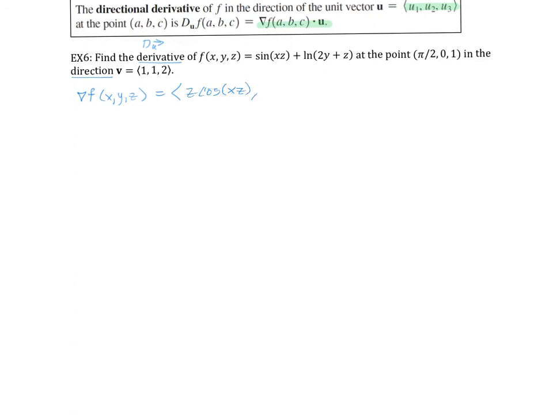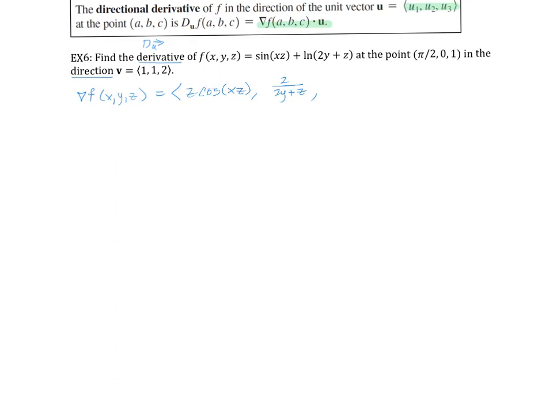The partial derivative with respect to y: the derivative of sine of xz is 0 because there's no y value. So we're just looking at the natural log of 2y plus z, which would be 1 over the argument times the derivative of the argument. And that ends up being 2 over 2y plus z.